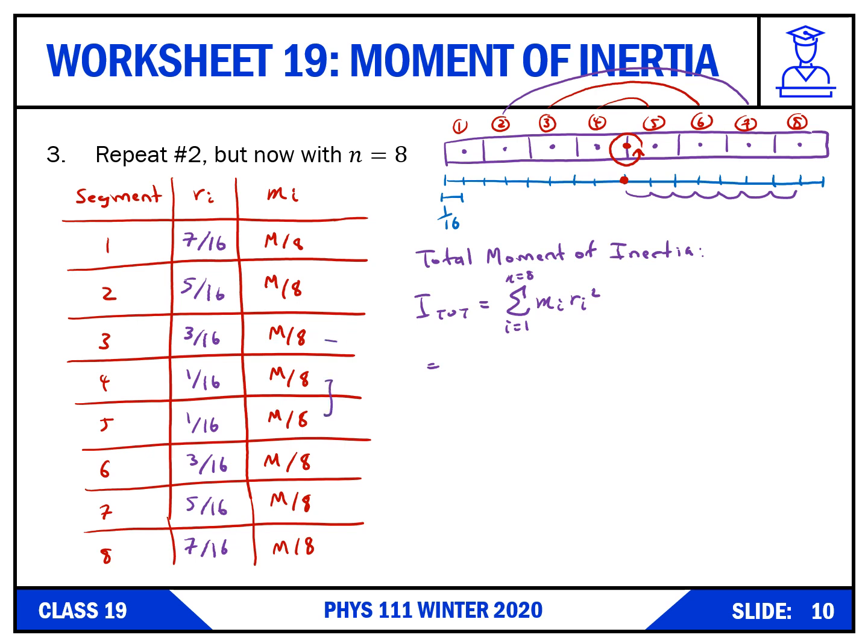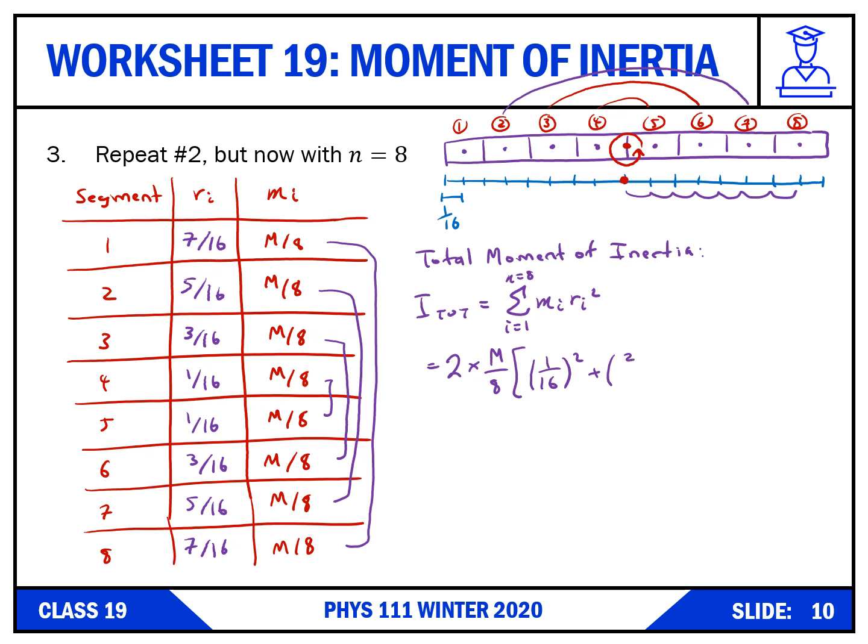There are these pairs. So that means there's 2 times M over 8 of 1 over 16 squared plus 3 over 16ths squared plus 5 over 16ths squared plus 7 over 16ths squared times L squared.